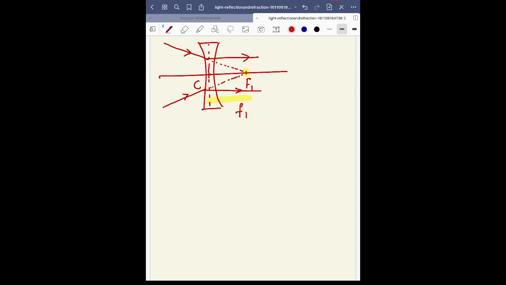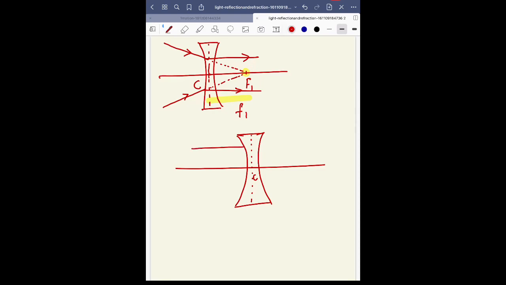Similarly, the second principal focus is the position of the image point on the principal axis when the point object is situated at infinity.